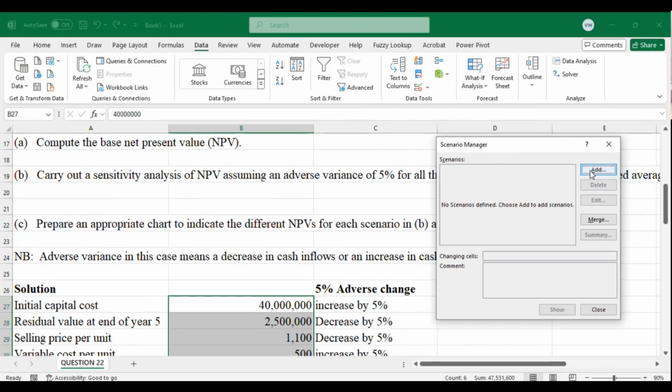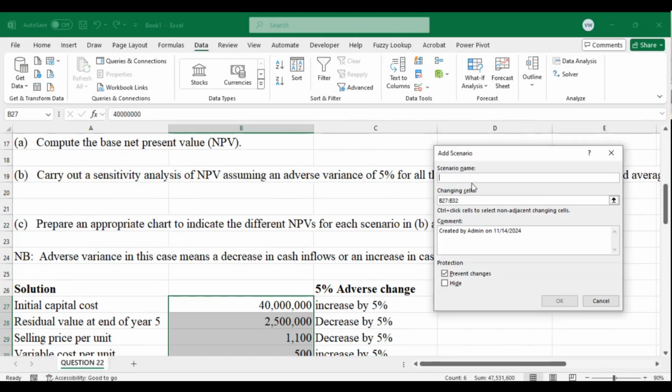Before you make any changes, first let's add the existing scenario, the one that we computed. You must always save the current scenario so that you don't lose anything. Let me call it the best case scenario.